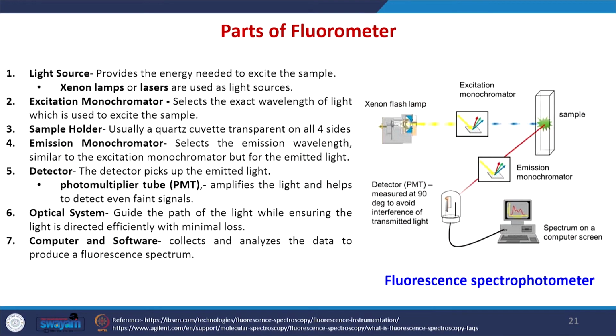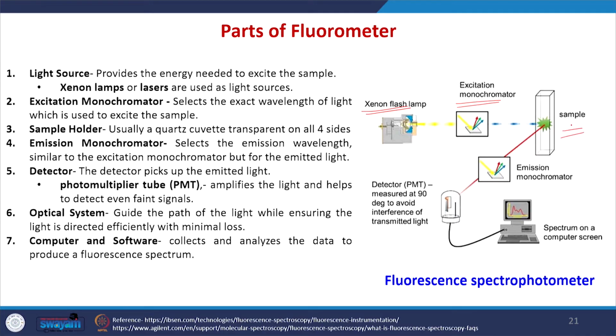Let us learn about the parts of the fluorometer. In the fluorescence spectrophotometer, we have the light source, that is a xenon flash lamp. It provides the energy needed to excite the sample. Followed by that, we have the excitation monochromator. It selects the exact wavelength of light which is used to excite the sample. Then we have the sample holder.